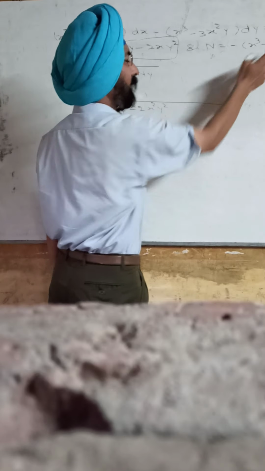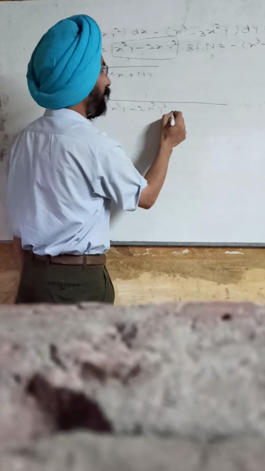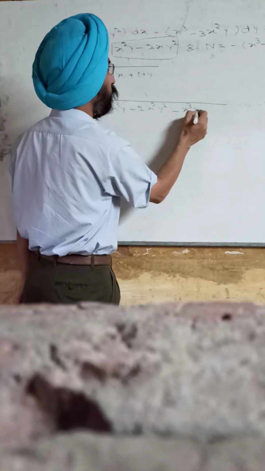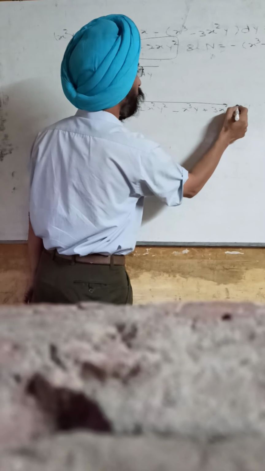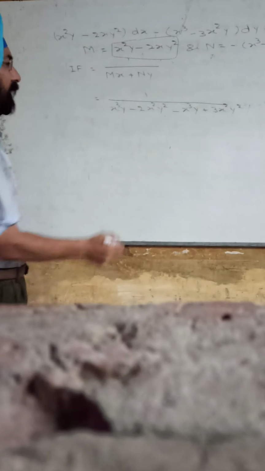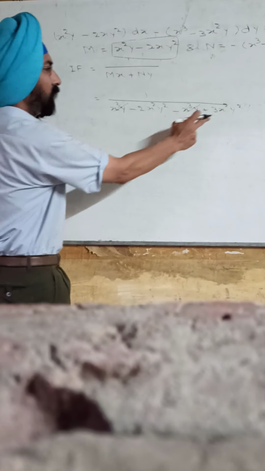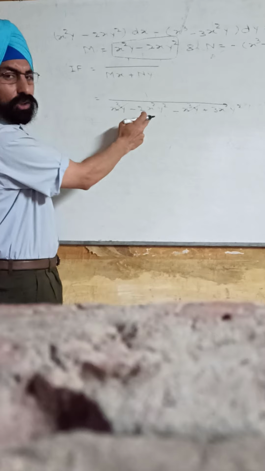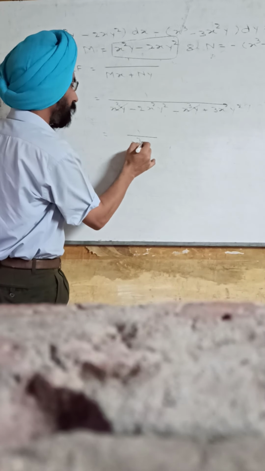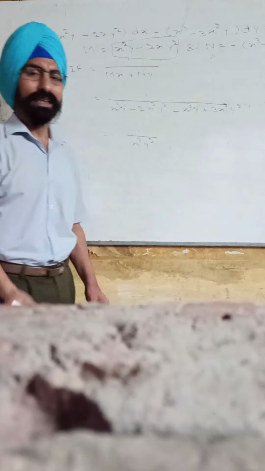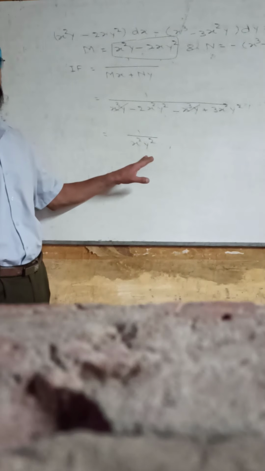N is negative of this, and when multiplied by y and added to this, you will get minus x cube y plus 3x square y square. The term x cube y is cancelled out. This is 3x square y square minus 2x square y square. So 1 upon x square y square is the integrating factor. This is just the integrating factor, not the solution.